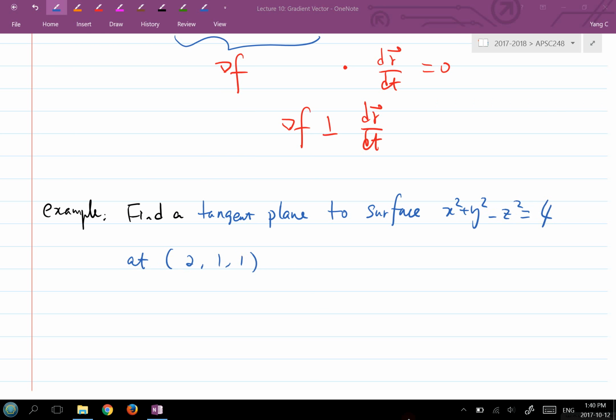Okay. So the first thing I guess you need to try to visualize is when you see this one here, you should convince yourself there's going to be some sort of surface here, right? It's not as straightforward as z equal to x squared plus y squared. So it's actually implicit: x squared plus y squared minus z squared equals 4. It's just some sort of surface, okay?